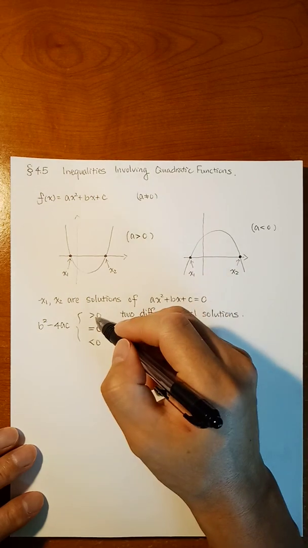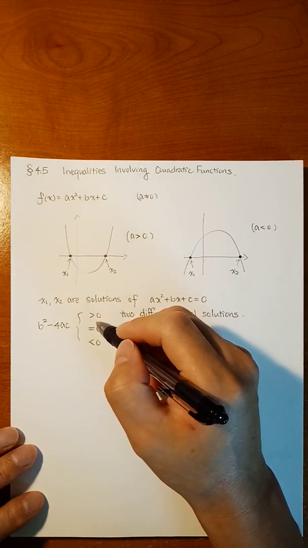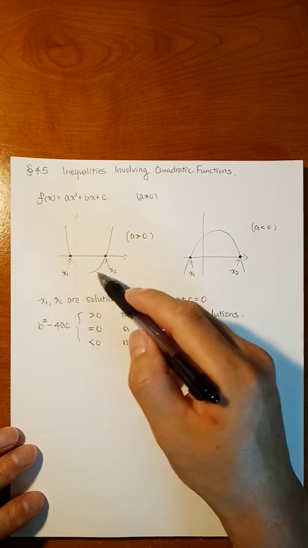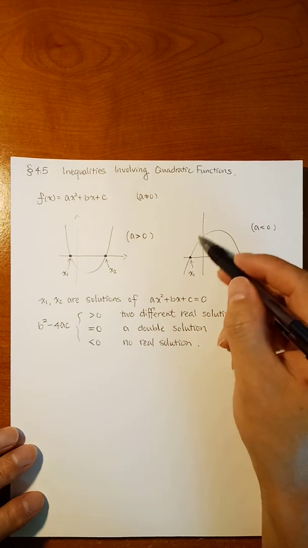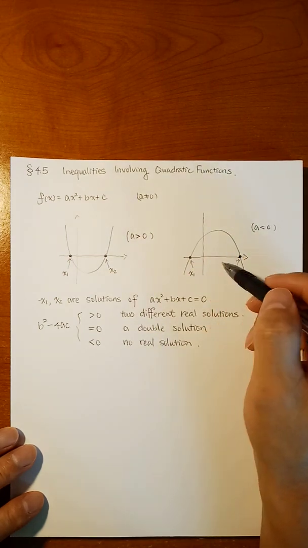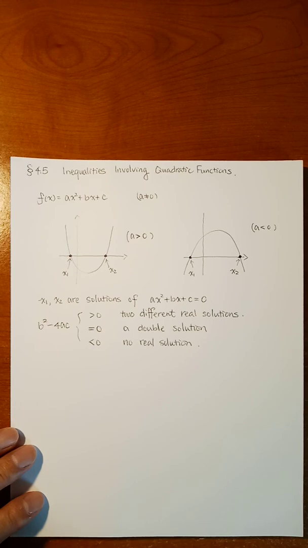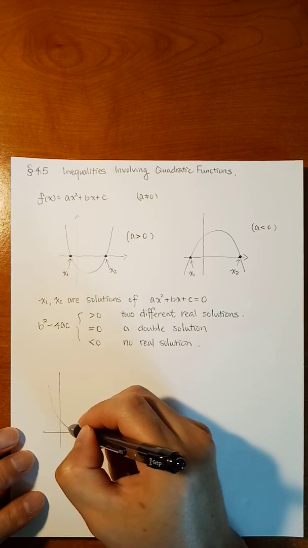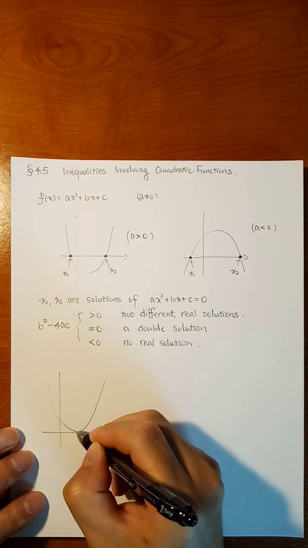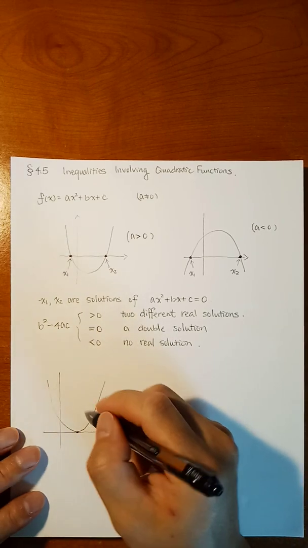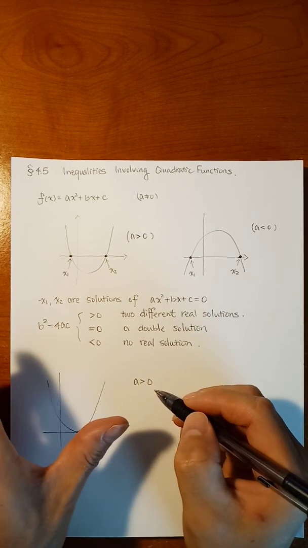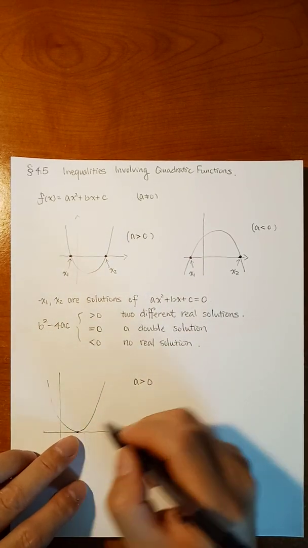So if your graph looks like this, intersecting the x-axis at 2 different points, then definitely the corresponding discriminant is greater than 0. It has two intersections, so the discriminant is greater than 0. If I sketch the parabola like this, touching the x-axis, we will see from the graph that a is greater than 0 because the opening is up, and there's only one intersection.